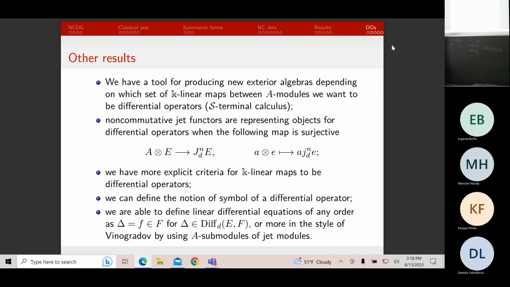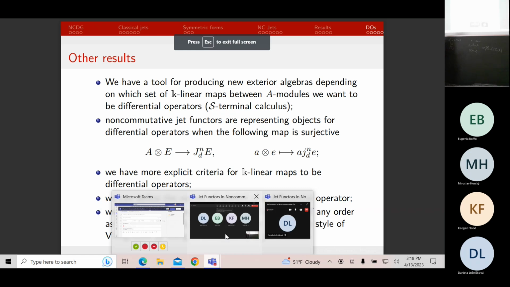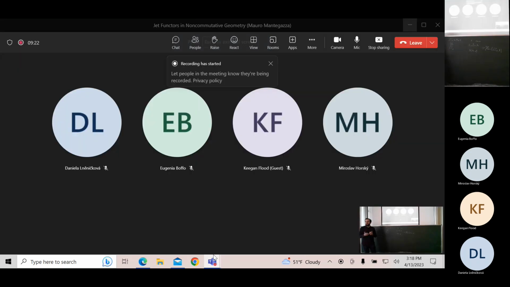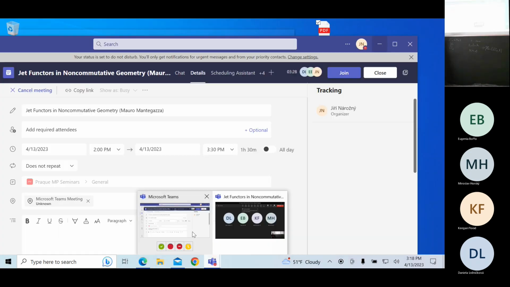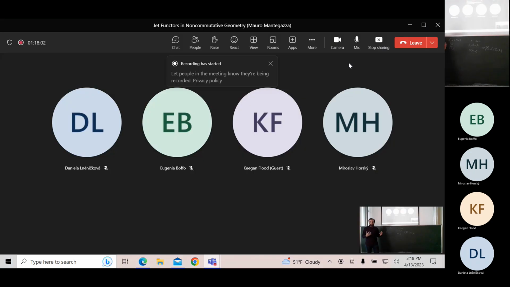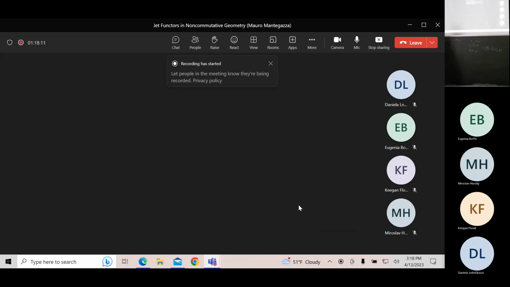Also, another difference with Jan's approach is that we have only dealt with the global setting. So in a sense we have assumed the affine setting. But my feeling is that in general, you don't have a good notion of locality in a non-commutative space. But when you do have it, like in the super case, then you can do this construction on each open, and then you can sheafify and obtain the corresponding notion of the jets.